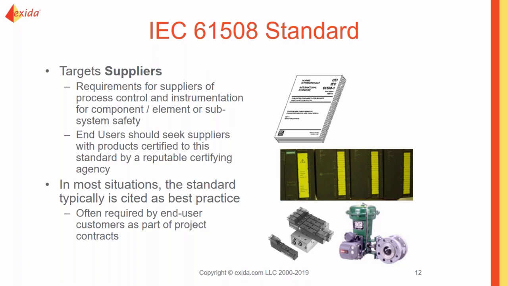The standard is broken up into two main sections. The first section is broken up into 4 parts, and it's all of the rules, the regulations, everything that needs to be considered if you are going to be certified. And then in the back, there are 3 guideline parts, kind of examples and suggestions on how to do things.